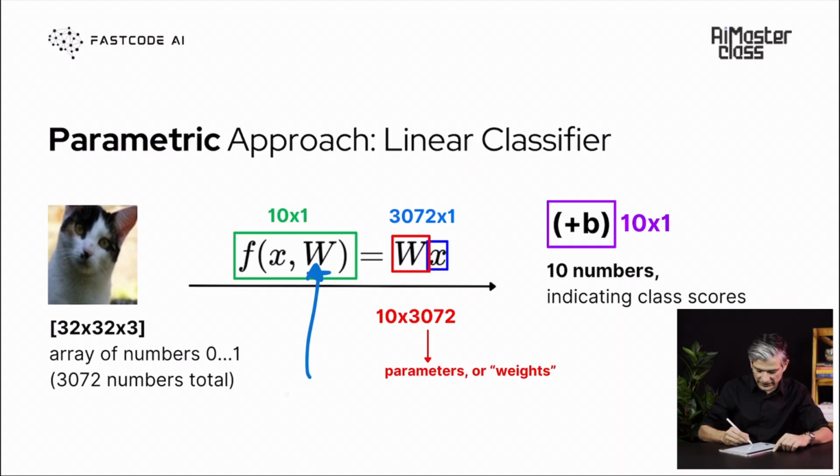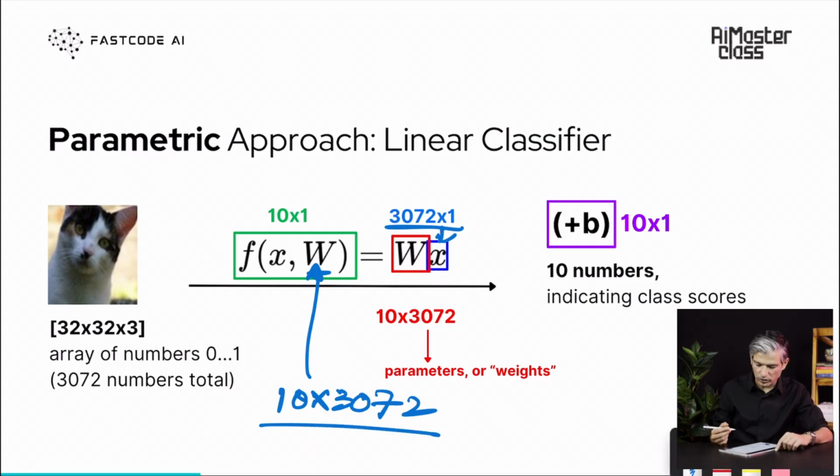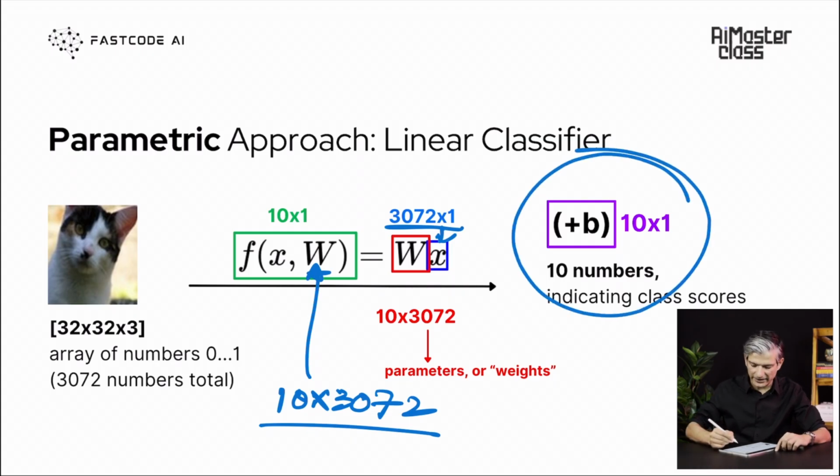W is of size 10 cross 3072. Our input x is of size 3072 cross 1. Then we also add this so-called bias, and the bias is always the size of the output, and our output is of size 10 cross 1.